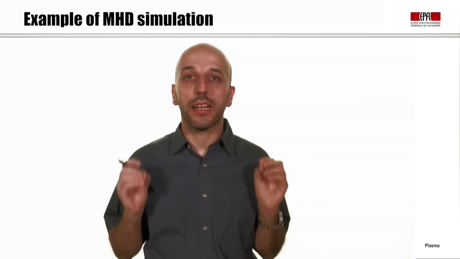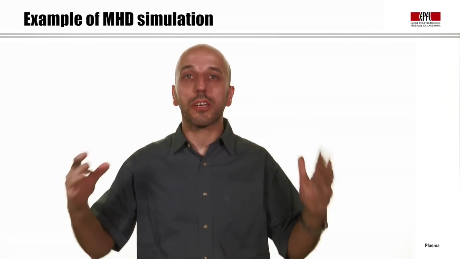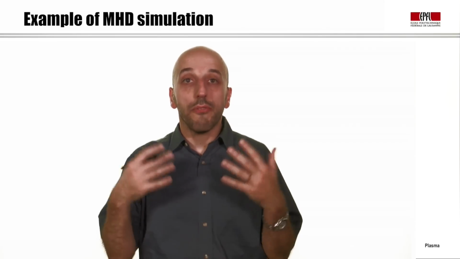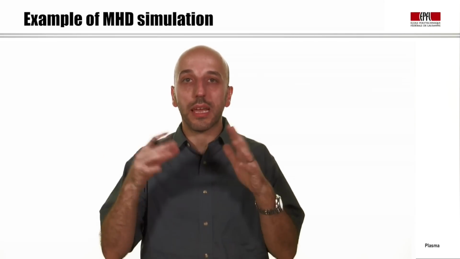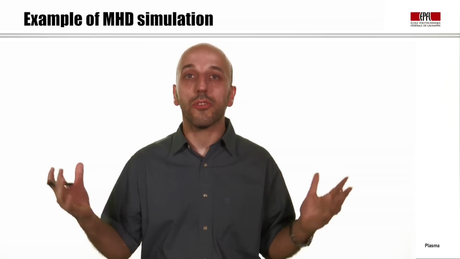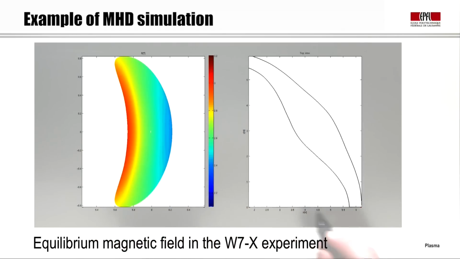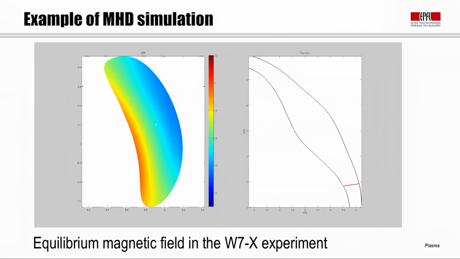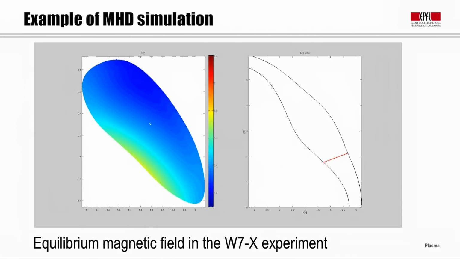The MHD model is particularly suited to describe the global dynamics of a plasma. For example, it's widely used to describe the dynamics of a plasma in devices that are used to confine plasma for fusion purposes. And here is the result of one MHD simulation that has been run by our group here in Lausanne to study the equilibrium magnetic field in the W7-X experiment.